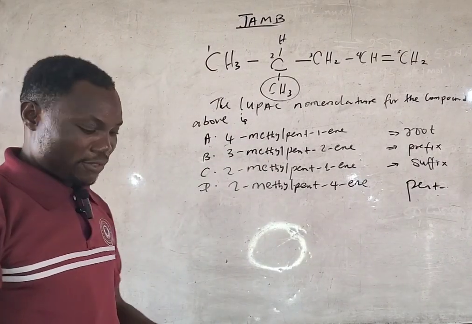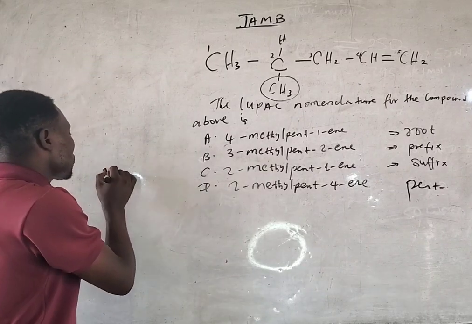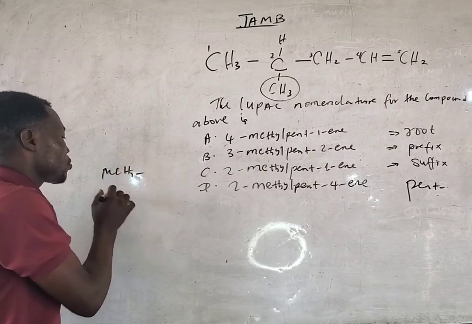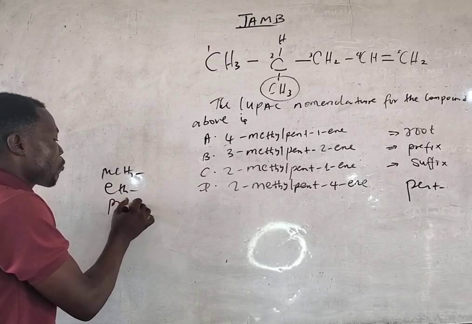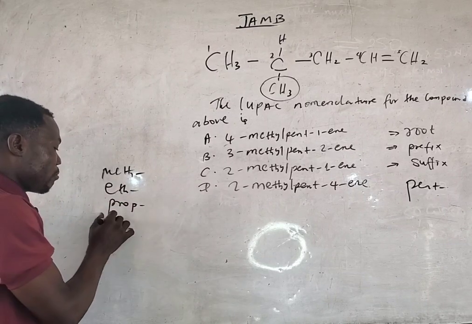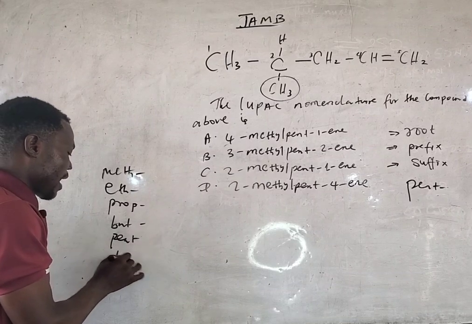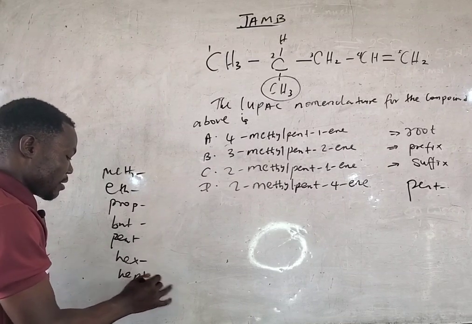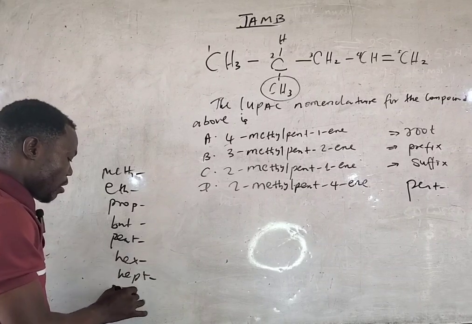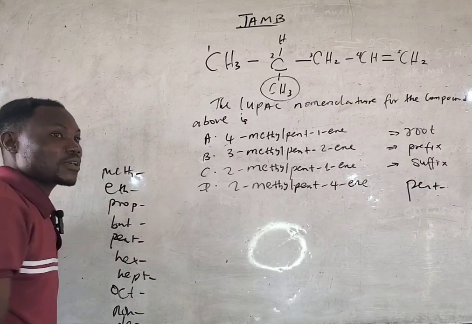But remember, 1 carbon atom is meth, 2 carbon atoms is eth, 3 carbon atoms prop, 4 but, 5 pent, 6 hex, 7 hept, 8 oct, 9 non, 10 dec.